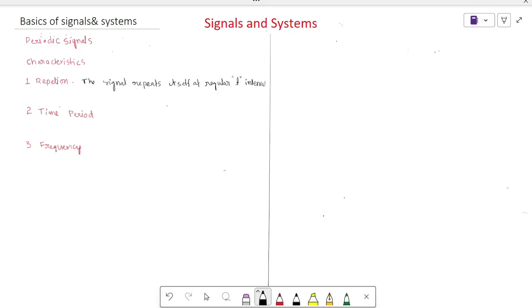So some cycles repeat, some magnitude, some structure repeating every time interval, that is called the time period.